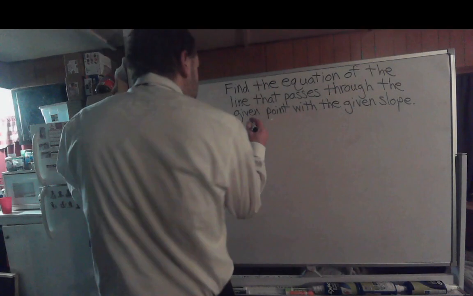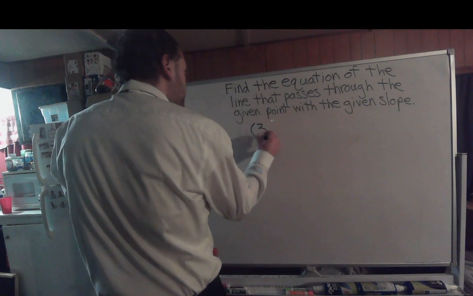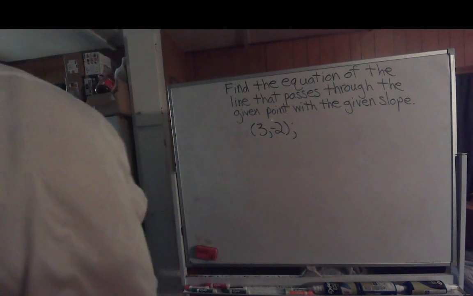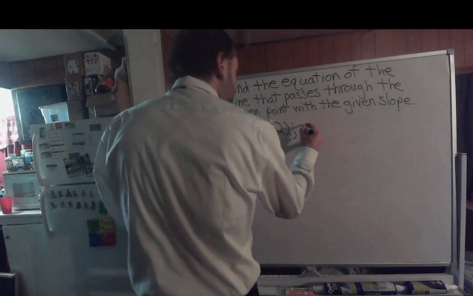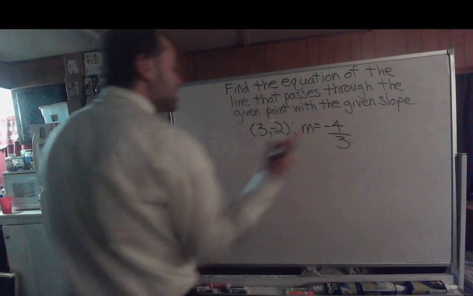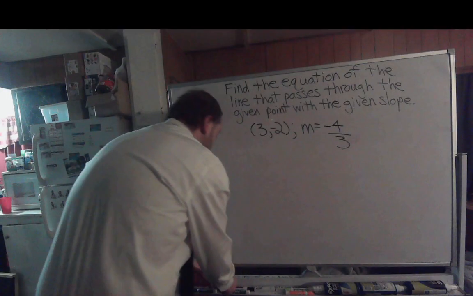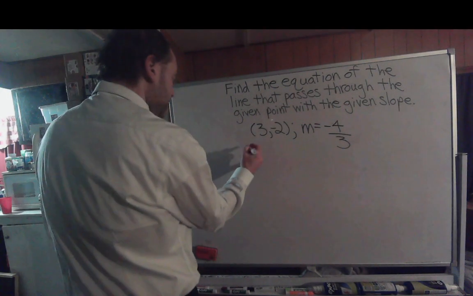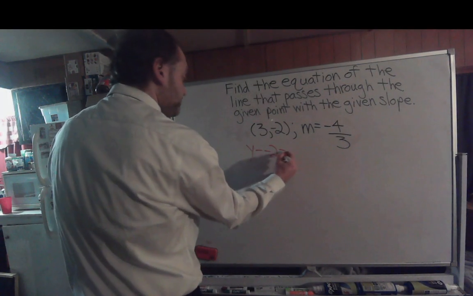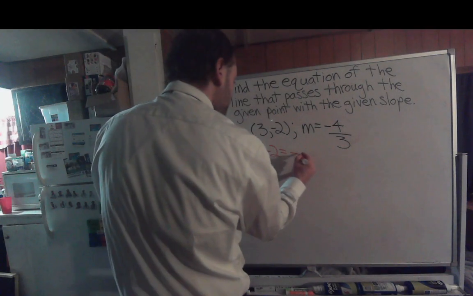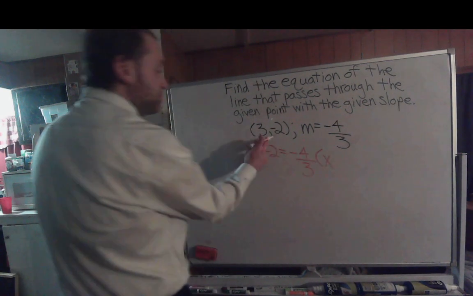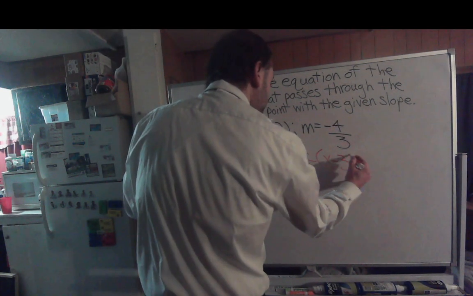Alright, so let's see. This time we have the point 3, negative 2 that the line passes through. The slope is going to be equal to negative 4/3. So let's go ahead and find the equation of that line. Well, you take y minus your y-coordinate of negative 2, set that equal to your slope of negative 4/3, times the quantity of x minus your x-coordinate of 3.